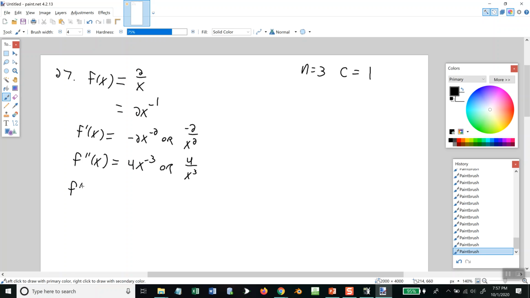For our third derivative, which is where we can stop, take your power, put it in front, so negative 3 times 4 is negative 12, lower your power by 1, or negative 12 over x to the fourth.